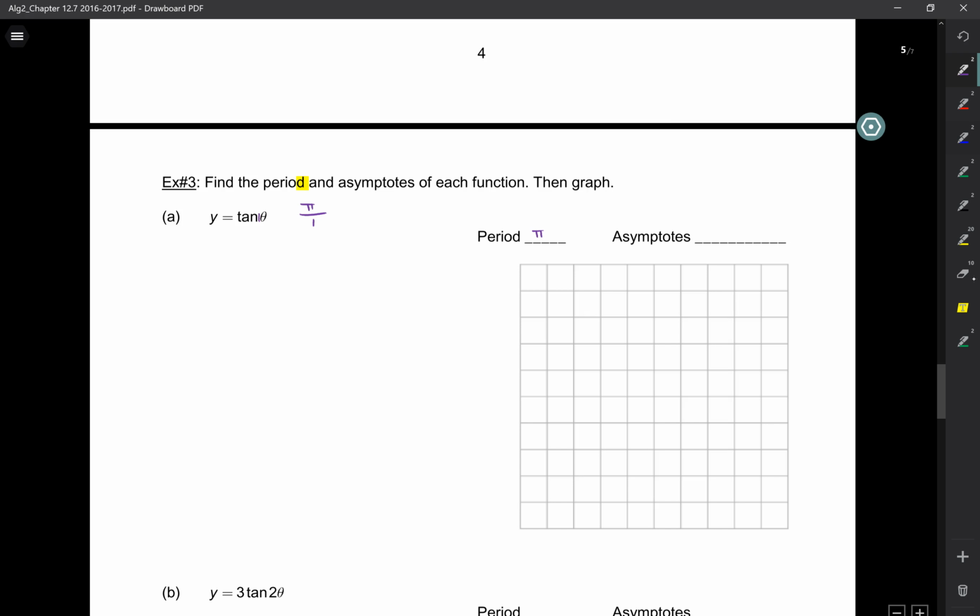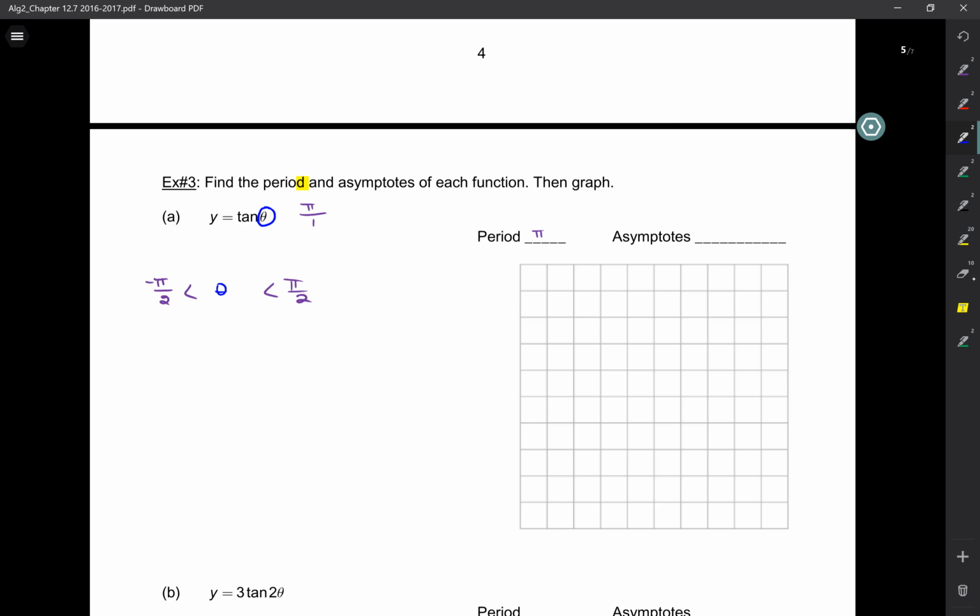Now for the asymptotes, here's what you have to do every single time. You have to do negative pi over 2 less than, and then less than pi over 2. So you always do that, negative pi over 2 to pi over 2. You have to set up an inequality. Then you take that term, whether it's a single theta, 3 theta, half a theta, or 2 theta plus 3, whatever it is, you put it here, and then you solve for theta to be alone.